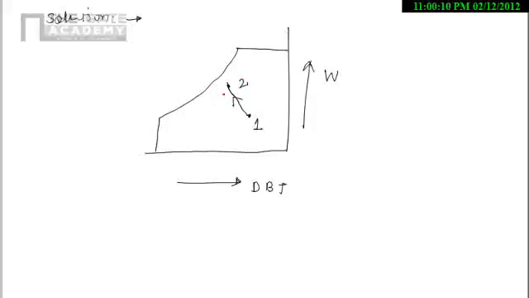And remember one thing, this 1 to 2 I am putting on a constant wet bulb line, so the wet bulb temperature is constant. Now at point 1 we have the dry bulb temperature 40 degrees centigrade, and at point 2 we have the dry bulb temperature T dry bulb 2.